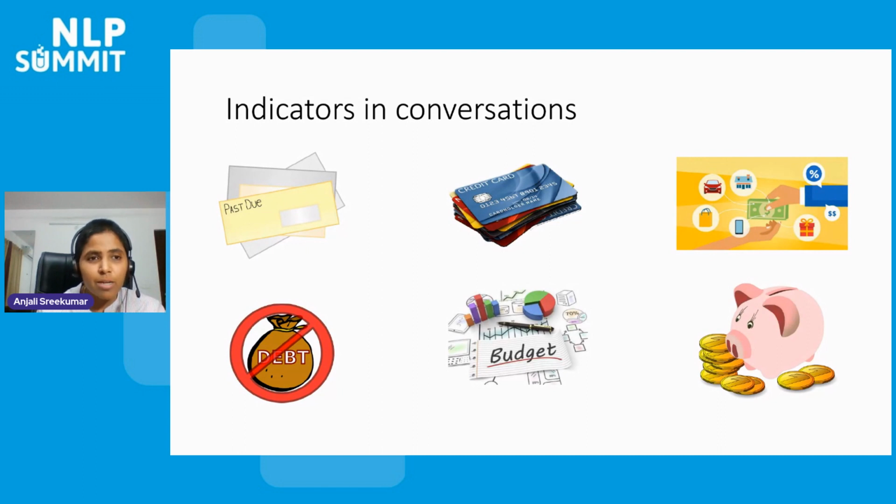So these are some of the indicators in the conversation that we have come across. Most of them revolve around paying credit cards, the money that they have borrowed, their plans to buy a new car or a new home, the outstanding debt or a loan that they need to clear, the budget that they run their families on, their investment and savings plans, and things like bill payments, and generic conversations that are more human.